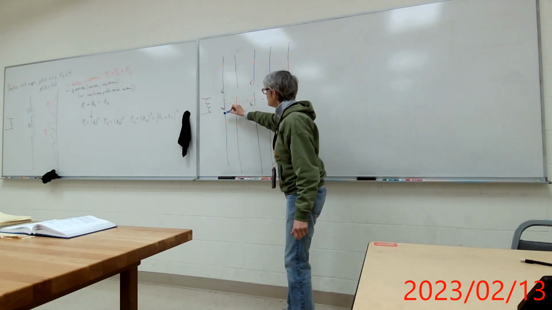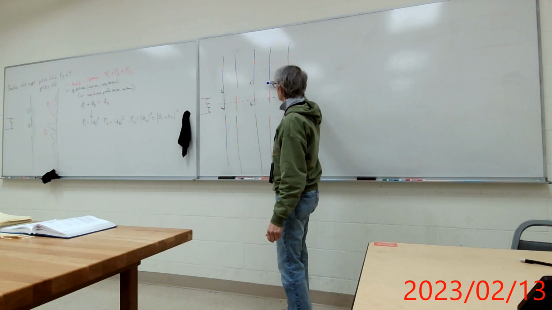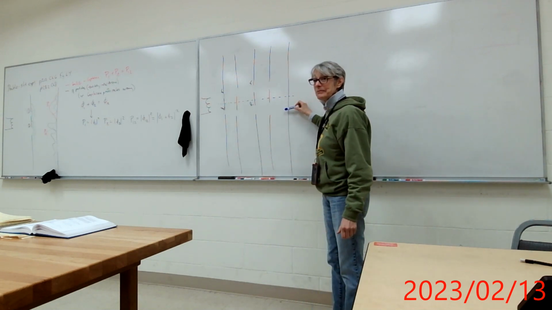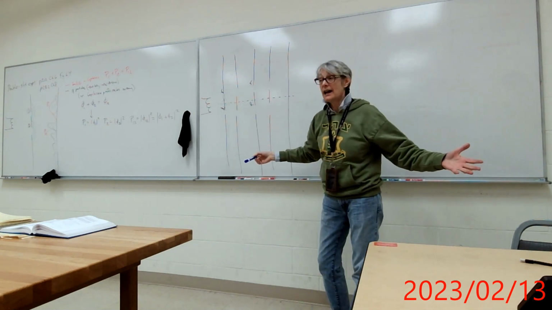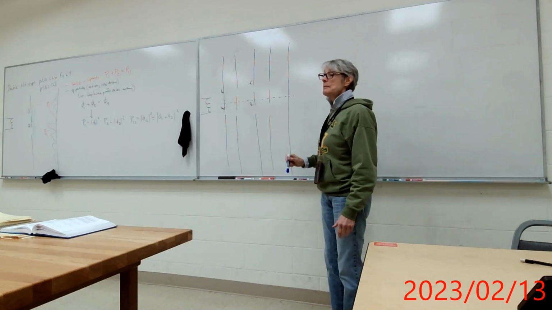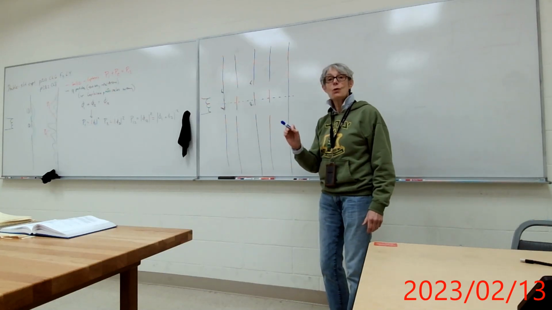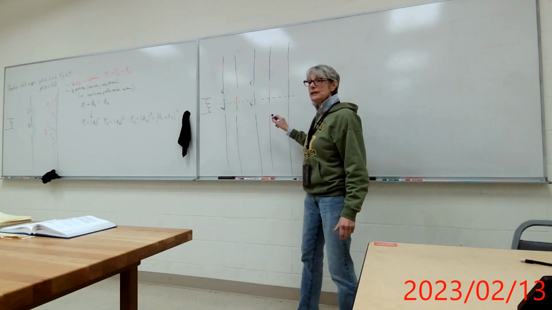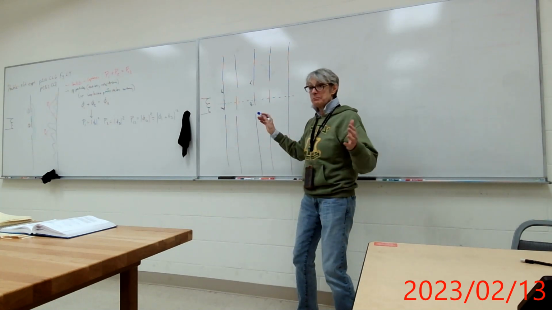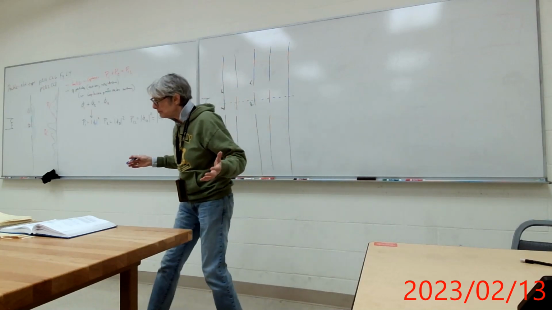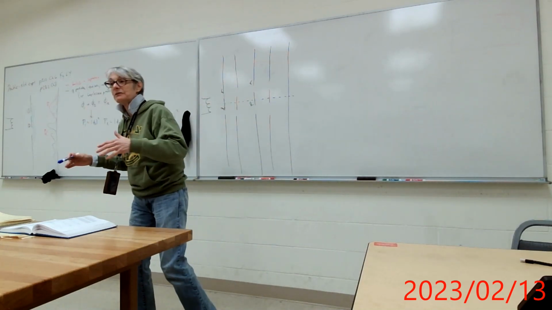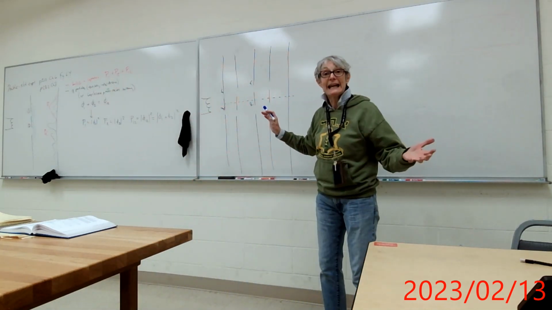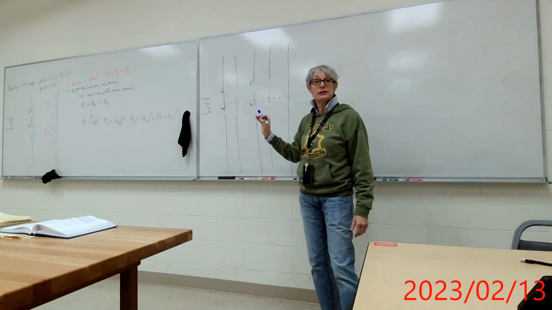Or it could go left and then right and then left and then right and then left again. Every time I put in a screen, I have two more possibilities. So let the number of screens be N, then there are 2 to the N different possibilities.